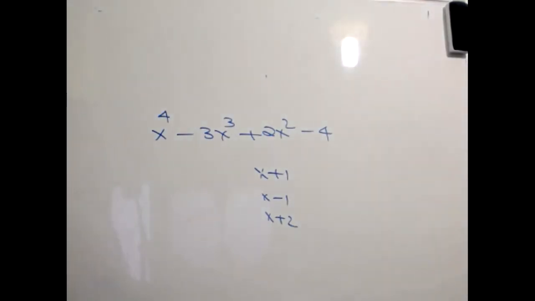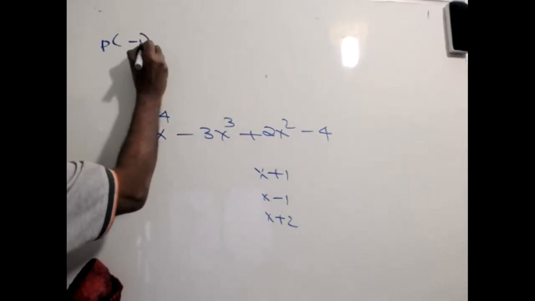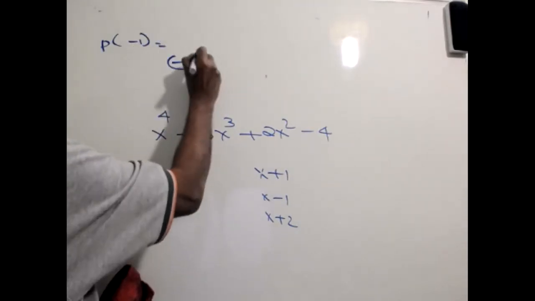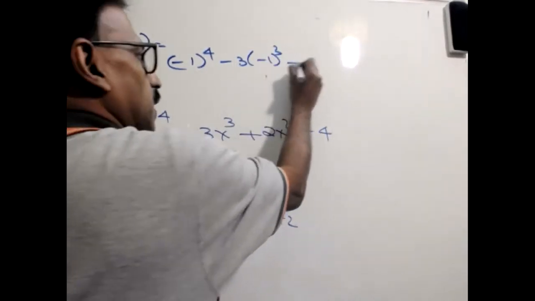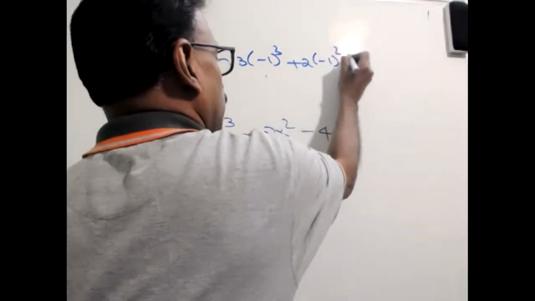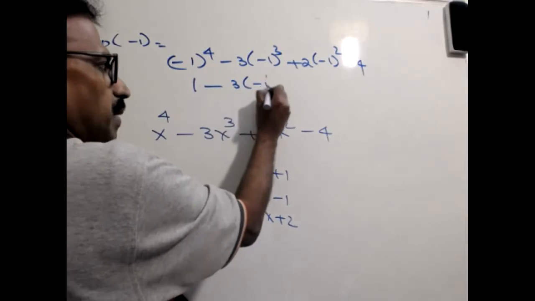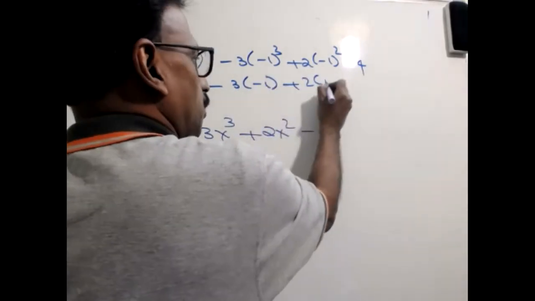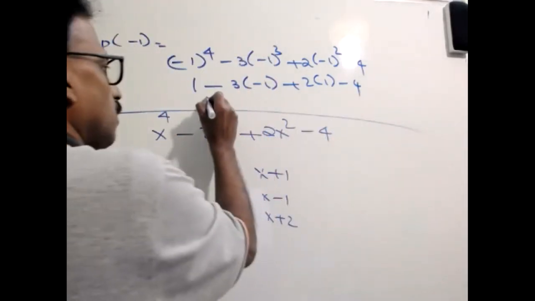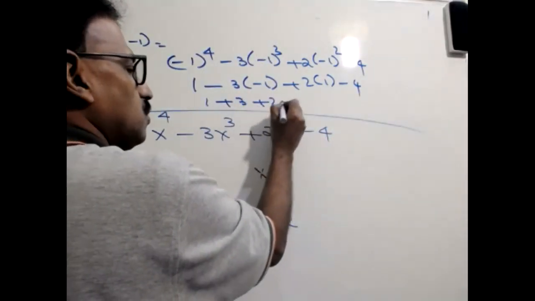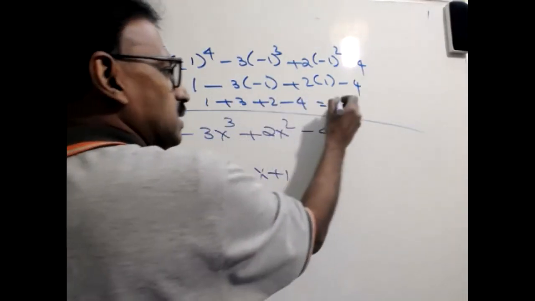Okay, now first question. Look at here. P of minus 1. Minus 1 raised to 4, minus 3 into minus 1 cube plus 2 into minus 1 square minus 4. So 1 minus 3 into minus 1 plus 2 into 1 minus 4. So that is 1 plus 3 plus 2 minus 4. Answer what? 1?